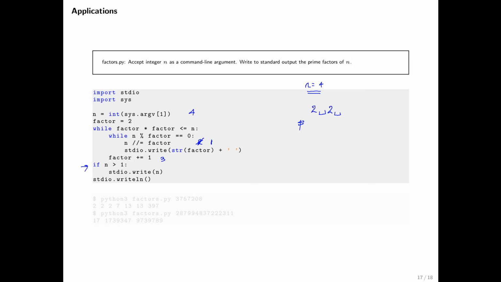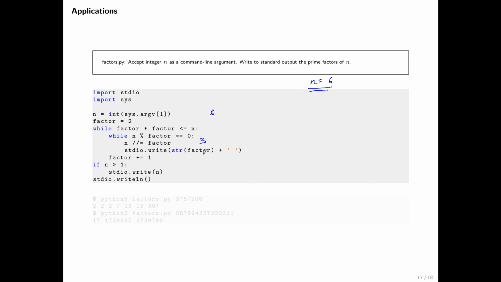Let's take another example. Let's take n equals 6. So n is 6, factor starts at 2. Is 2 times 2 less than or equal to 6? Yes. Then we check, is 6 evenly divisible by 2? Yes. So we cut n by 2, so n now becomes 3.